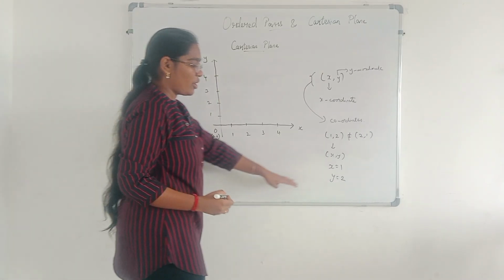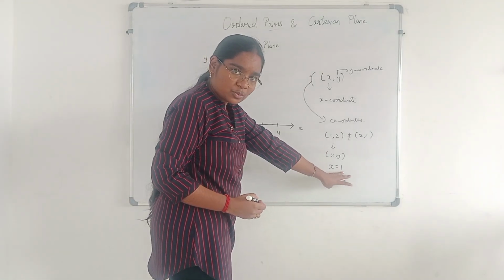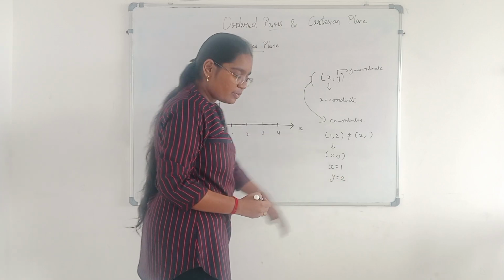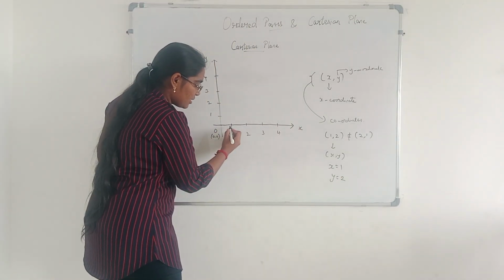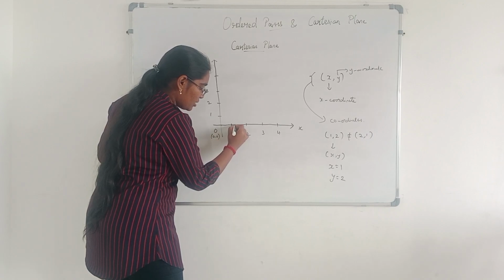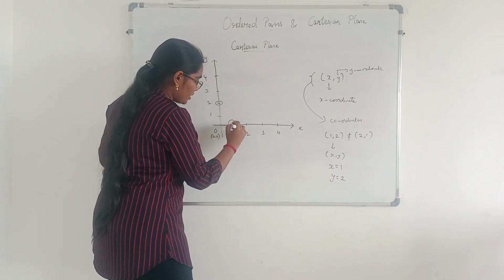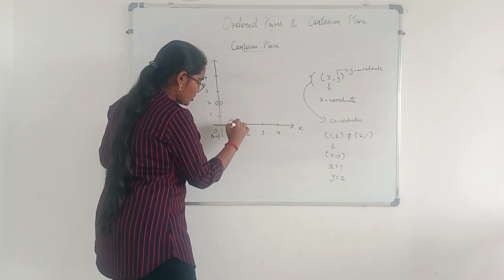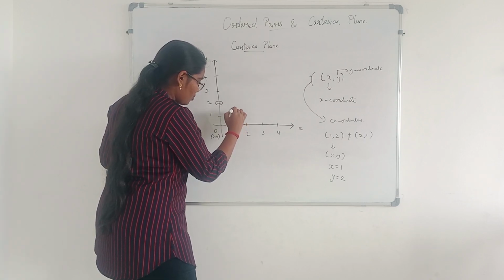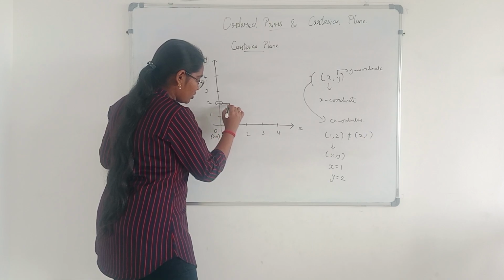You have to plot the point where x is 1 and y is 2. So on the x-axis x is 1 and on the y-axis 2. At the intersection of these two, from 1 you move up and stop at 2.